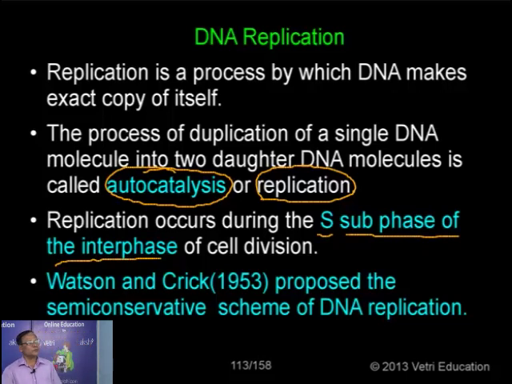So one of the subphases during the interphase is the synthetic phase. During the synthetic phase or S phase of the cell cycle, that is during the interphase between two successive cell divisions, the synthesis of DNA occurs. So before starting the cell division, the synthesis of DNA has been completed. Then only the cycle proceeds towards the mitotic phase. So the synthetic phase and mitotic phase are the different stages during the cell cycle.